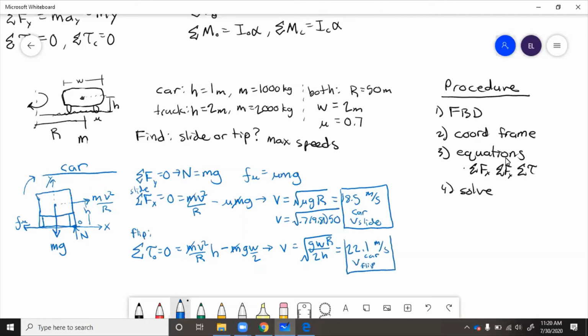So since sliding velocity is lower than flipping velocity, it will mean that the car is going to slide before it flips. So car slides before flip, since V slide is less than V flip.